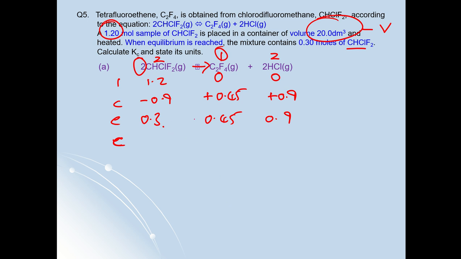Right, remember then, C equals M divided by V, so I've got to take all of these because the moles on the left and right are not the same, and I've got to divide them all by 20.